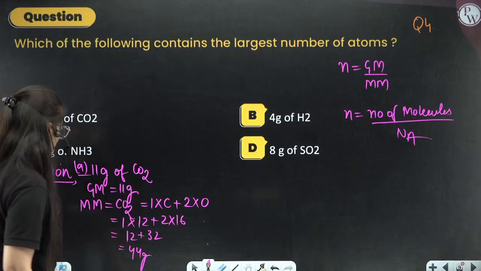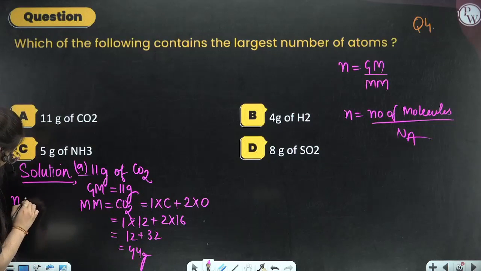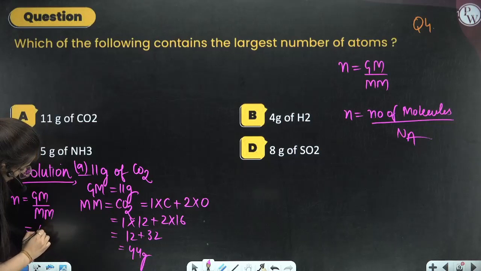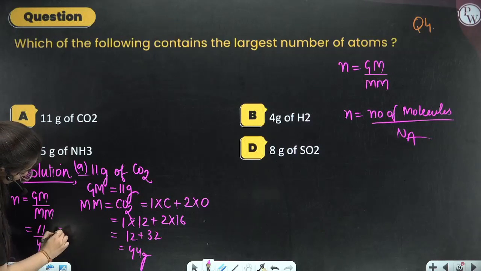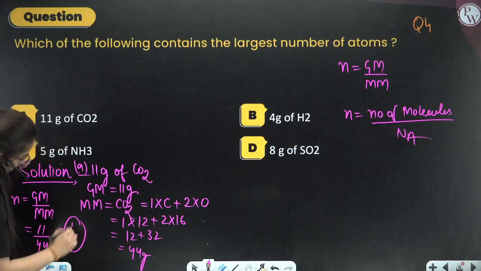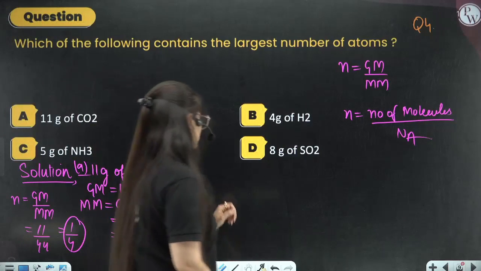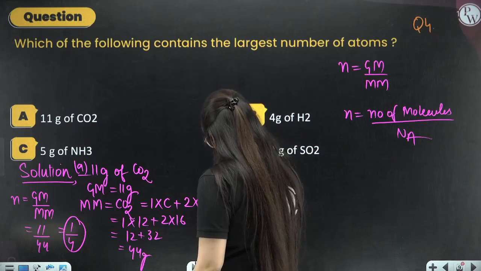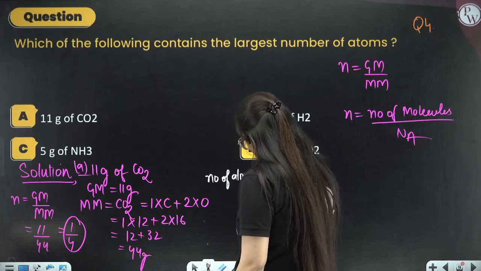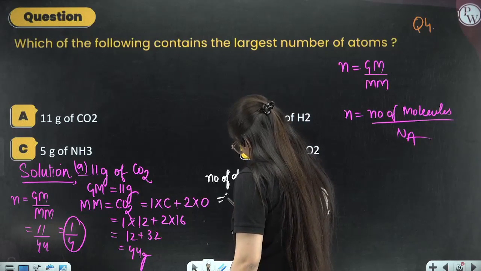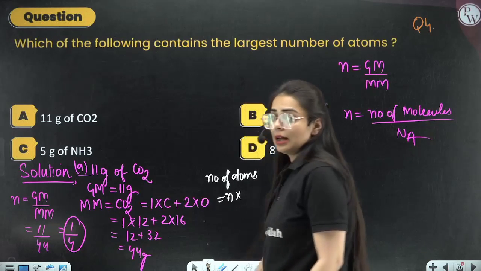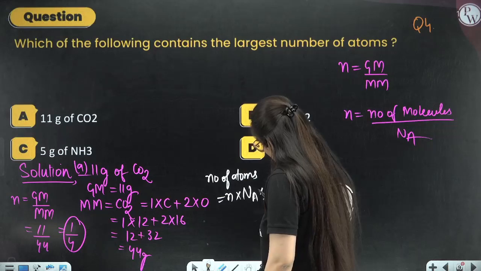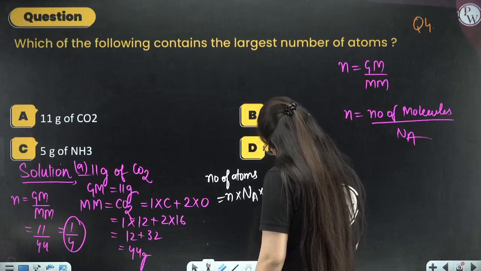So how will you calculate number of moles? Number of moles comes out to be given mass upon molecular mass. Given mass is 11, molecular mass is 44. Number of moles is 1 by 4. Now you need to calculate number of atoms. Number of atoms generally is number of molecules into Na into total number of atoms.